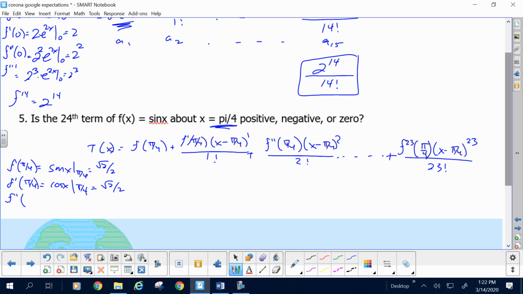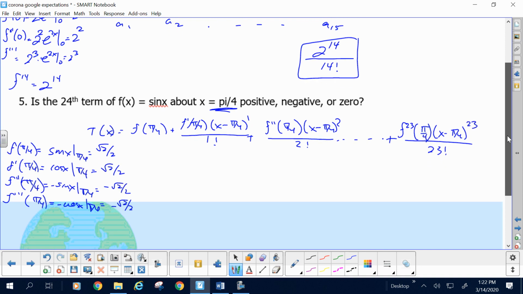F double prime at pi over 4 is negative sine at pi over 4, that's negative root 2 over 2. F triple prime at pi over 4 is negative cosine at pi over 4. That's negative root 2 over 2. And then that's a full cycle.